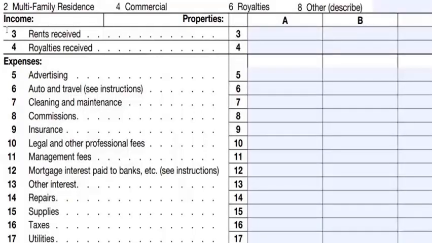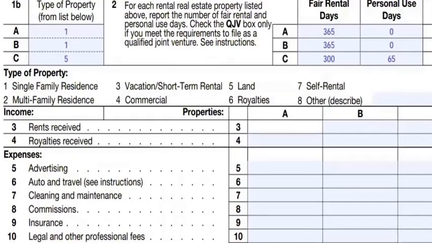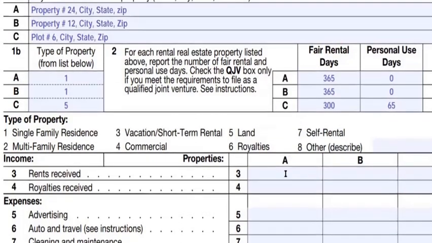Now we are moving towards the real section, and that is line 3, rent received. So all these A's are related to only one property. What is the A property? Property number 24. The type is 1. So what are we going to receive?